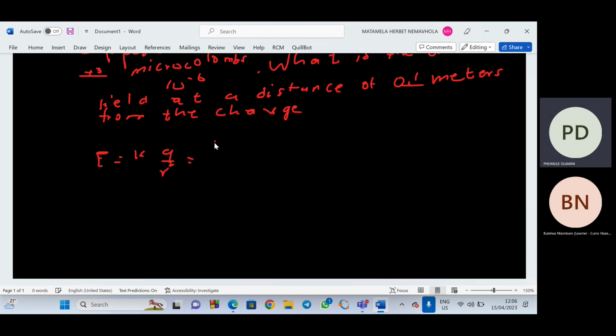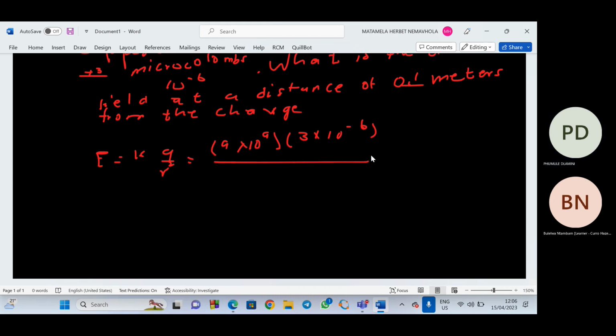When I substitute, it is 9 times 10 to the power 9, and the charge is 3 multiplied by 10 to the power -6, over 0.1 squared.